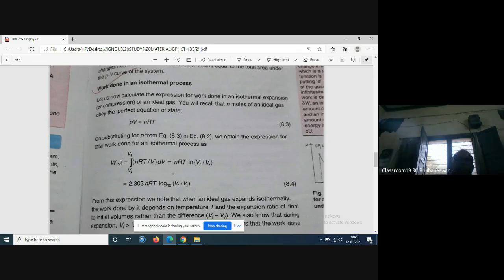Now see, the integration of dV by V is ln V, and when you put the limits, the upper limit Vf, ln Vf minus ln Vi. So log m minus log n is log m by n. So ln Vf by Vi. Okay, this is the work done in an isothermal process.